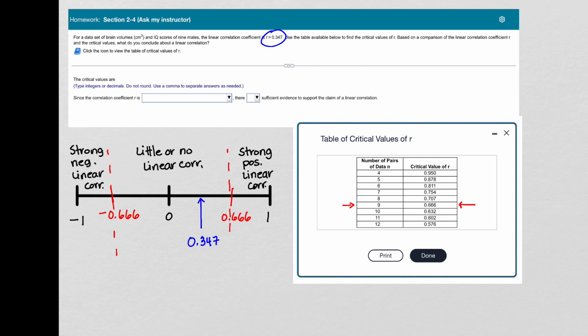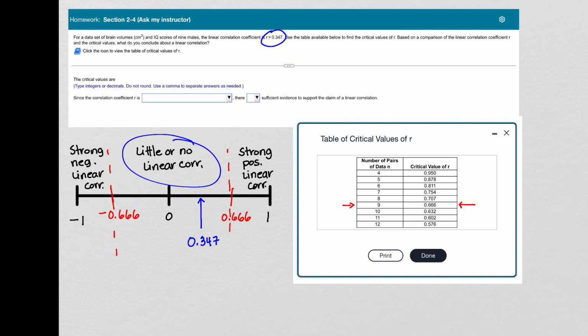I don't need to measure out exactly 0.347 from 0. And so this is where our value of R is, and that tells me that there is little or no linear correlation. So since the correlation coefficient is between negative 0.666 and positive 0.666, there is not sufficient evidence to support the claim of a linear correlation.